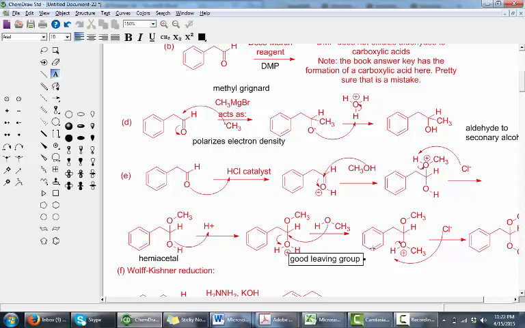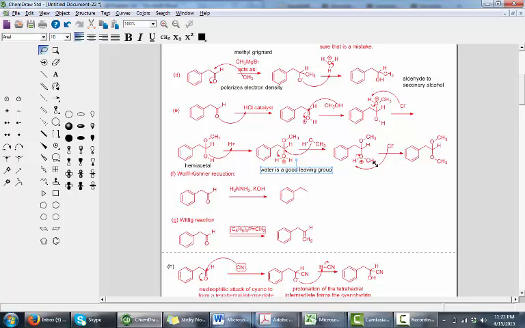Water is a good leaving group now in this case. And that water gets displaced by another equivalent of the methanol. I kick off the water, and now have another protonated methanol nucleophile that gets deprotonated by the Cl- to give me this final acetal product.